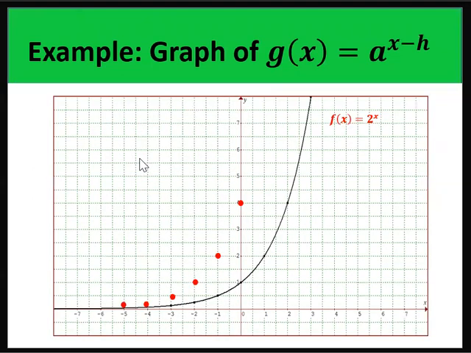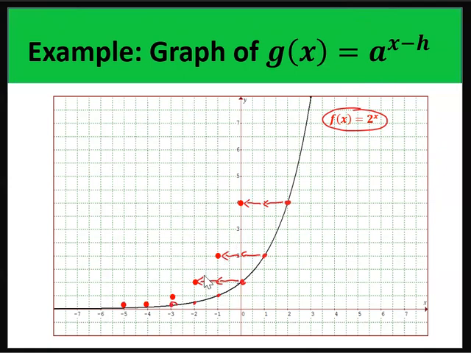So in the next slide, we have the graph of the basic exponential function f of x equals 2 raised to x, and we use the following points of that graph. Since 2 raised to x plus 2 is just a shift of the graph of f of x by 2 units to the left, from this point we count 2 units going to the left to shift the points of the graph of 2 raised to x.